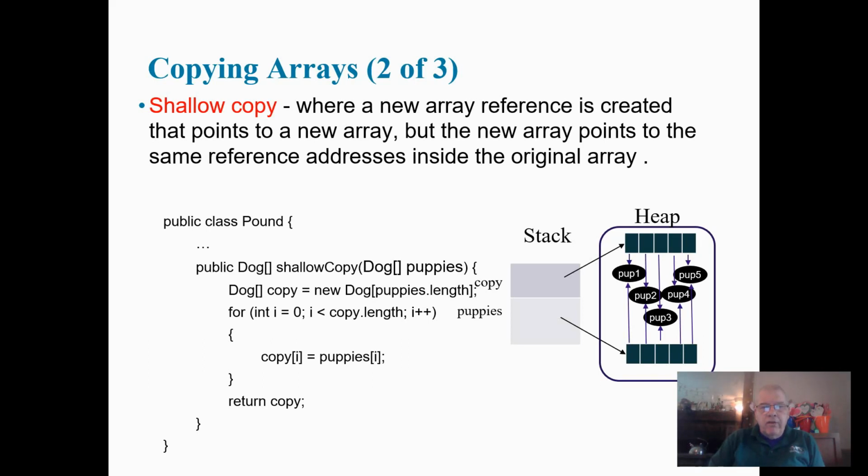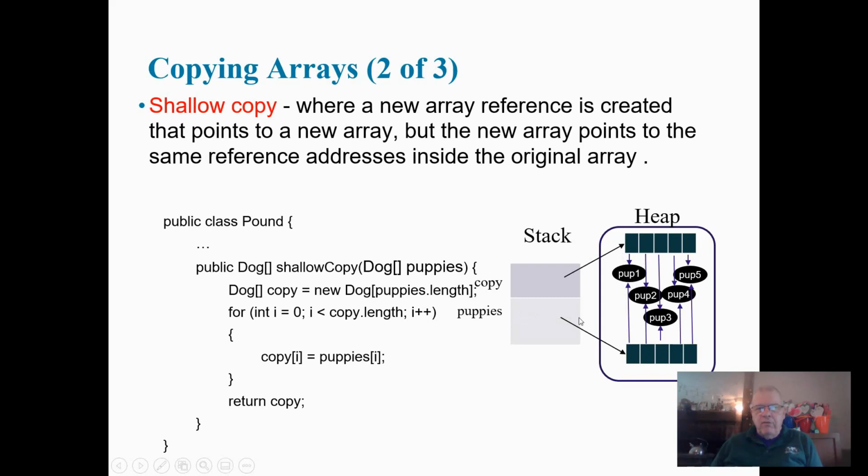But notice down at the part where we're copying the pups, we copy puppy sub I into copy sub I. And this is the diagram over to the right that shows what it looks like conceptually.